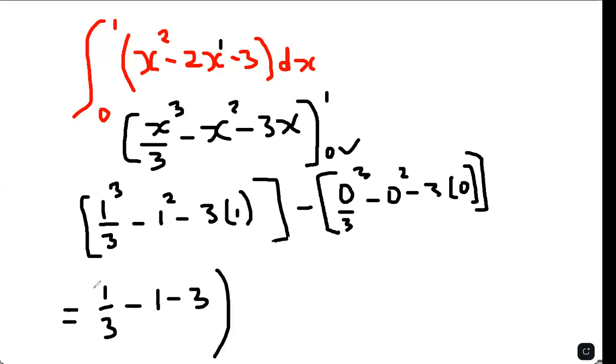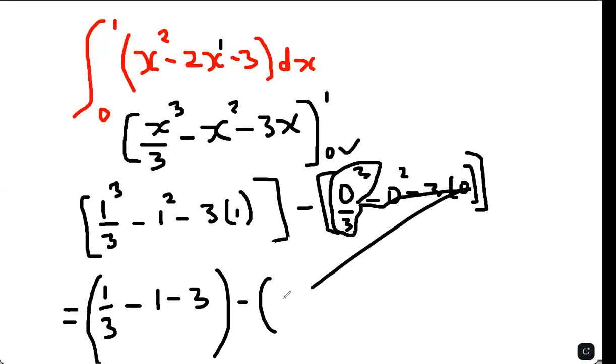This is subtracting a 0, because anything here is a 0. Divide by 3, it's a 0. Here it's a 0. So here we are going to have a 0. And then it is equal to 1 over 3 minus -1, -3 will give us -4.